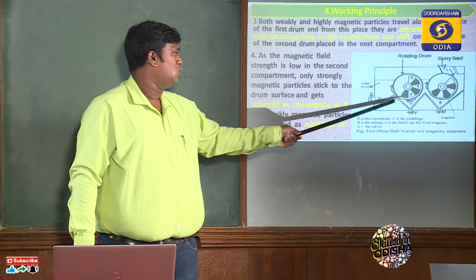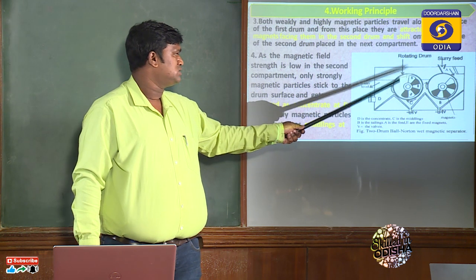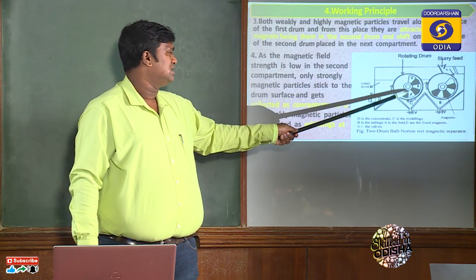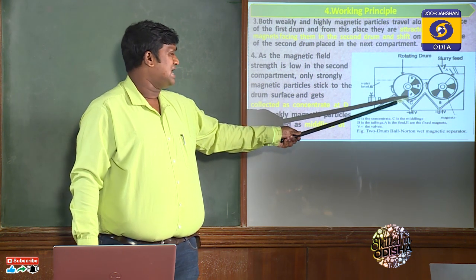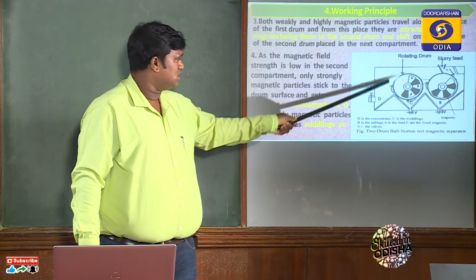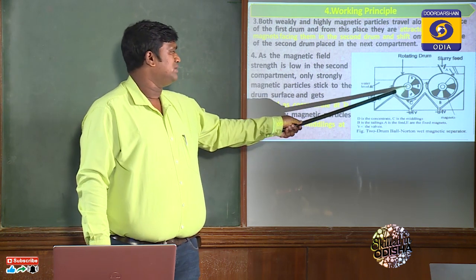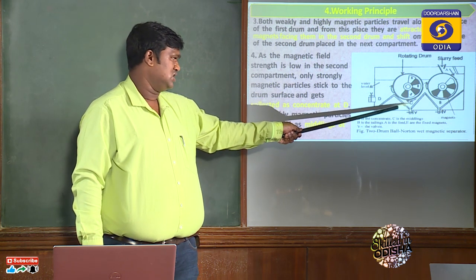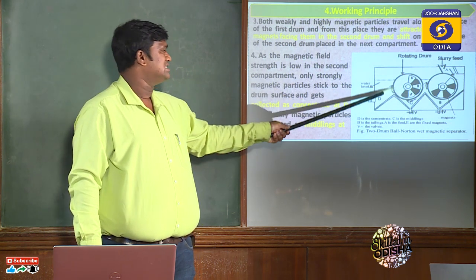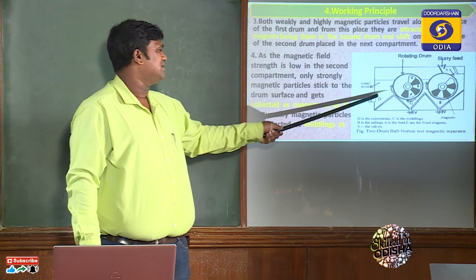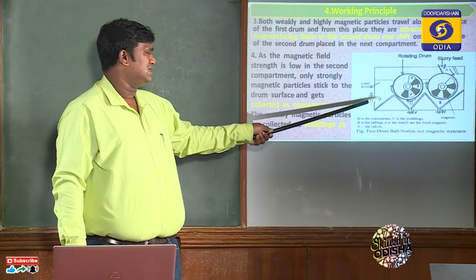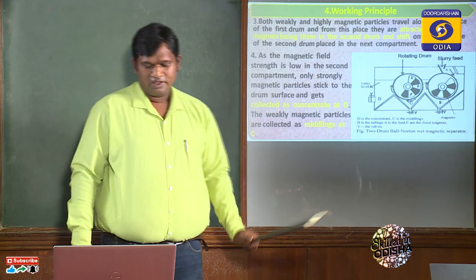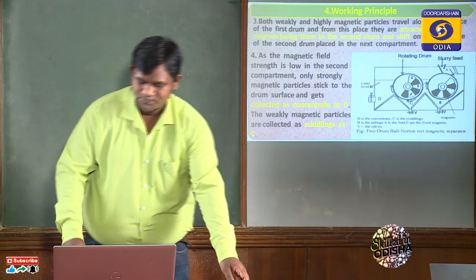The high magnetic intensity minerals stick around the drum, and the weakly magnetic particles, that is the middling, are discharged at point C. The concentrated particles that stick to the drum are discharged at point D, the concentrate discharge point or magnetic discharge point.